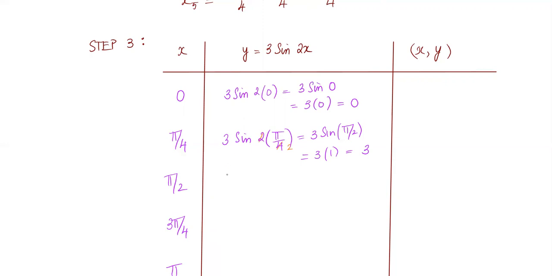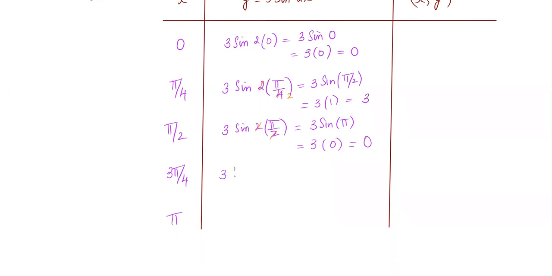Okay. Then we have 3 sine 2 times pi over 2, which is 3 sine pi. Right? The 2's cancel off. And sine pi is a 0, so that's going to be 0. 3 sine 2 times 3 pi over 4. Once again, the 2 and the 4 will cancel off, giving us 3 sine 3 pi over 2.